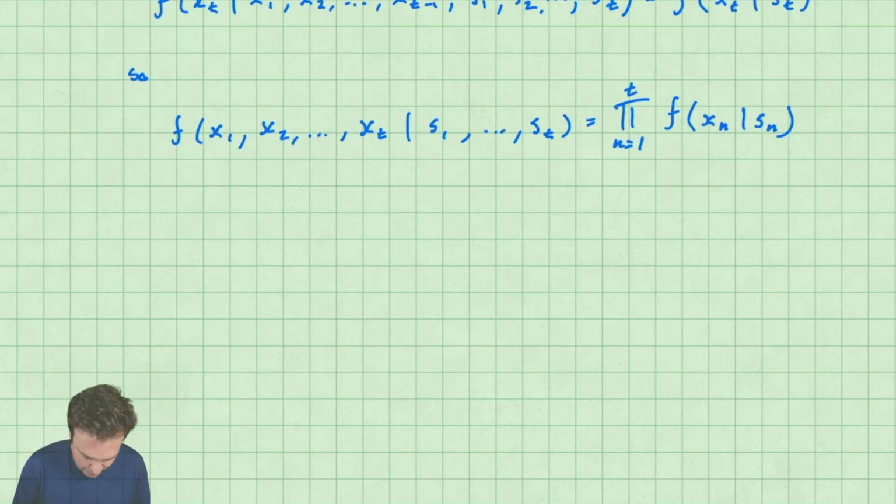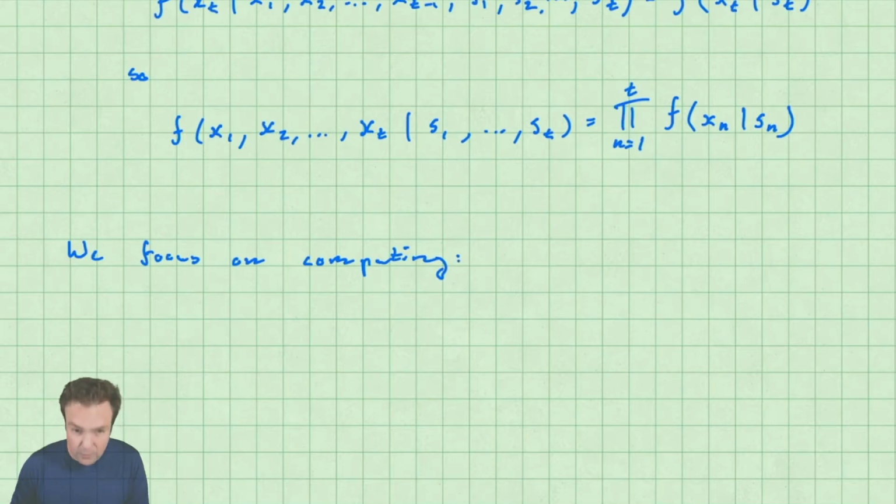So what we're going to do is focus on computing one kind of thing. We're going to look at how to calculate the probability density or mass function for a sequence of observed values, or a sequence of values for the state-dependent process.